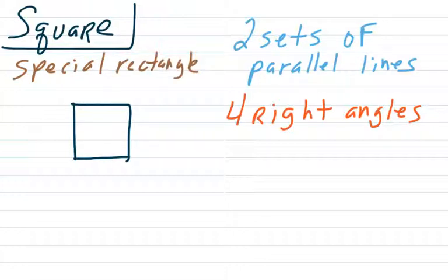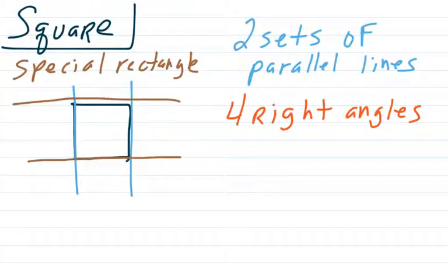Now, a square is a special rectangle. What makes it special? Well, it has two sets of parallel lines, which are here and here. I'm going to mark those parallel lines there. It has four right angles, but the thing that makes a square special is that all the sides are the same.